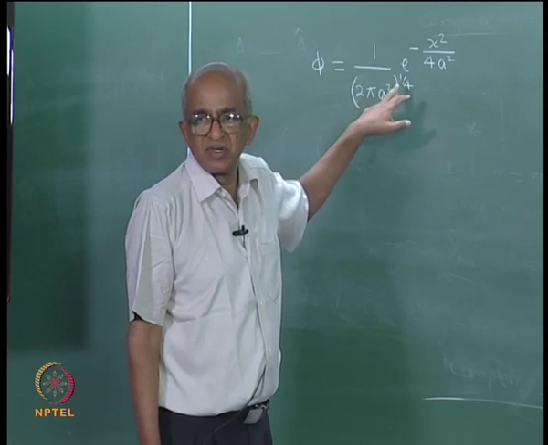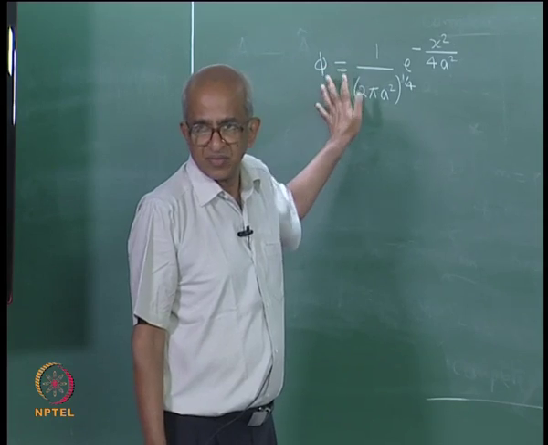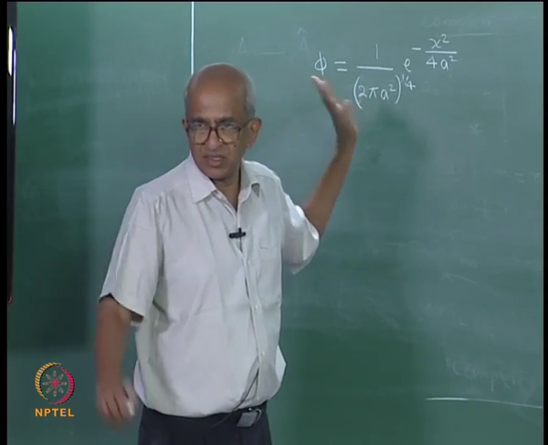You may wonder why this 1 by 4. The answer is extremely simple. This function is normalized, and this is the normalization factor, that is all, nothing more to it.